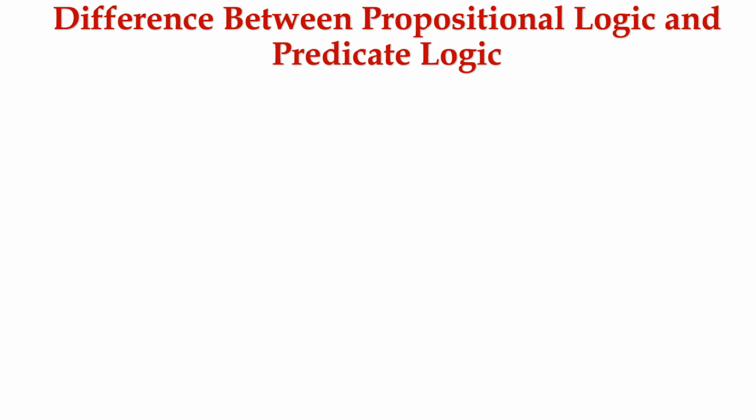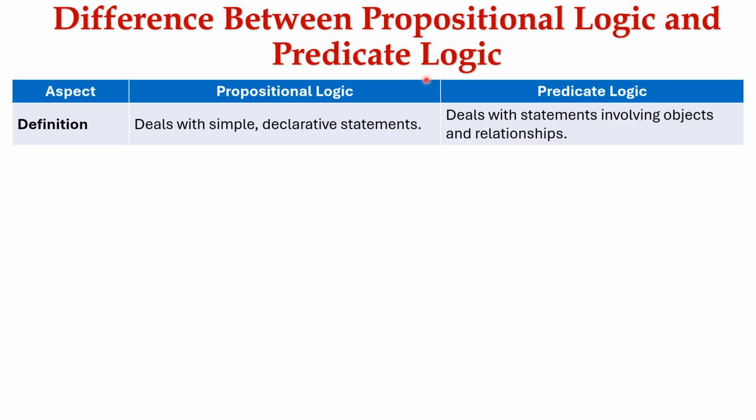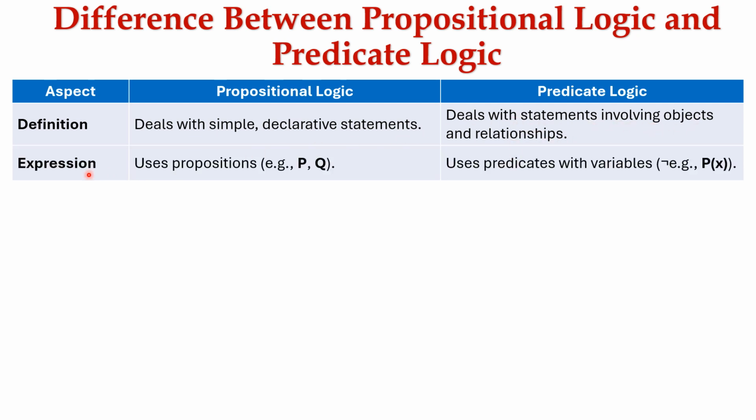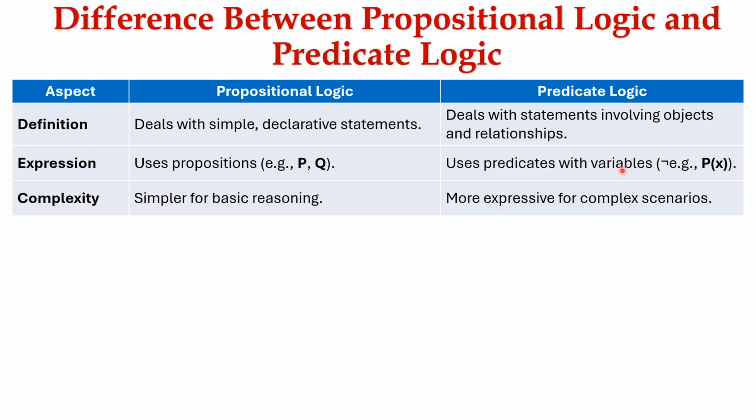Now let's learn about the difference between propositional logic and predicate logic. Let's consider the aspect definition. Propositional logic deals with simple declarative statements, whereas predicate logic deals with statements involving objects and relationships. The next aspect is expression. It uses propositions, whereas predicate logic uses predicates with variables.